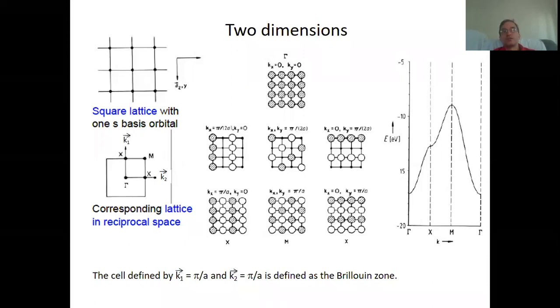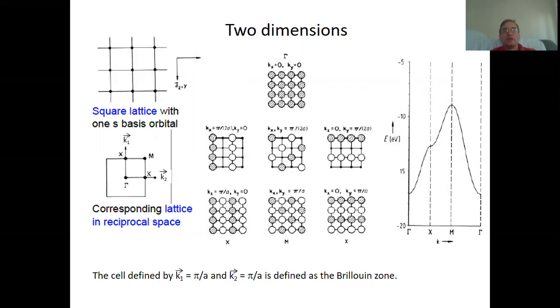Why a square lattice of hydrogen atoms? That's because hydrogen atoms are the most simple atoms, and a square lattice is the lattice with the highest symmetry possible.